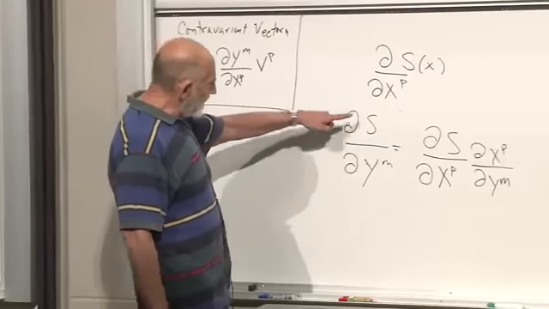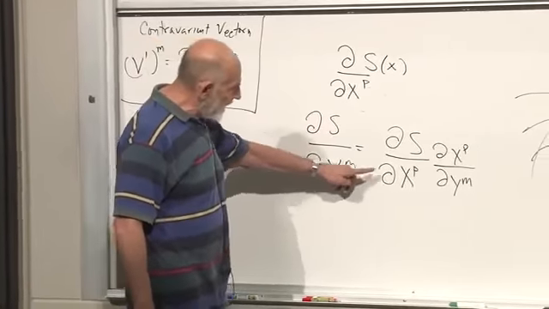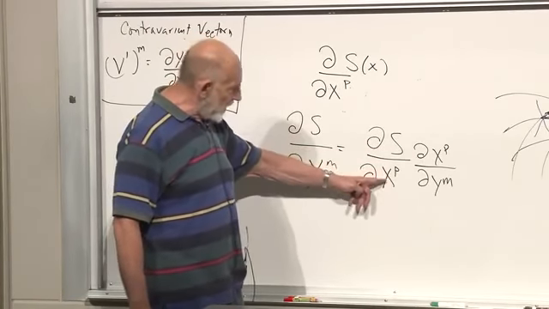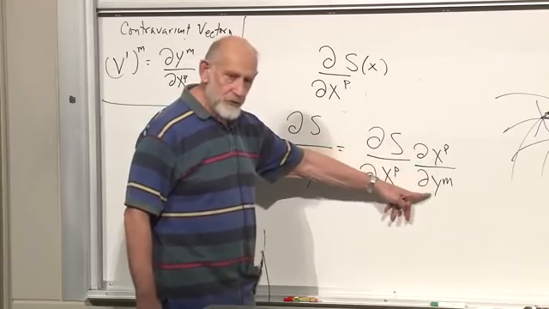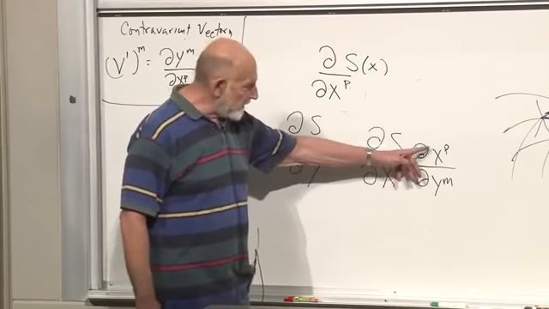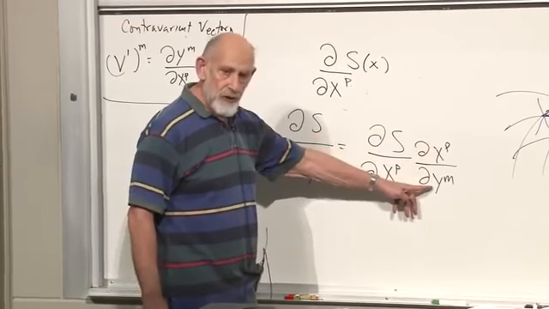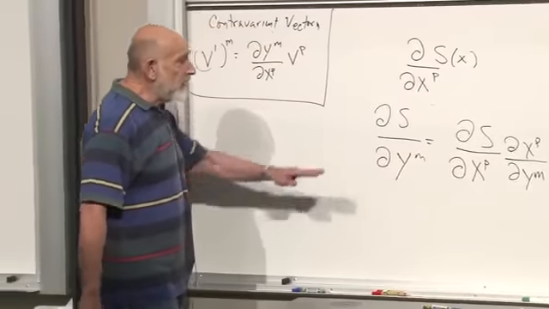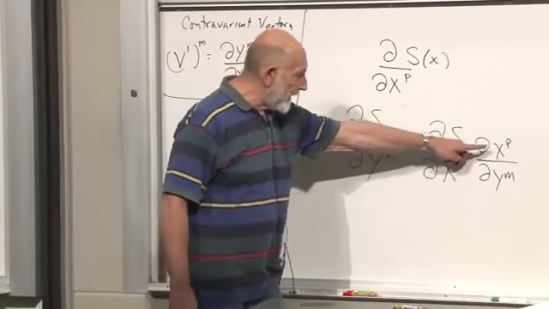If you want to know how something changes when you change y a little bit, then you first change x1 a little bit and see how much x1 changes when you change y. Change x2 a little bit, see how much x2 changes when you change y. Do the same thing with x3. And again, this means sum over p.